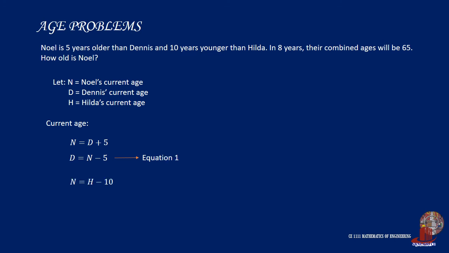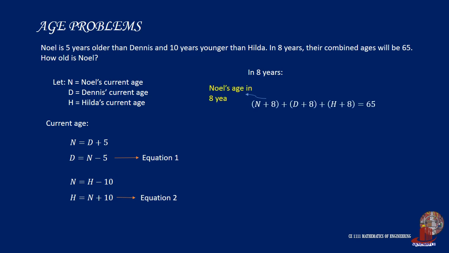Next, this statement says Noel is 10 years younger than Hilda, or N is equal to H less 10. And extracting H, we arrive at H is equal to N plus 10, which we will call our second equation. The other statement discusses 8 years from the present, stating that the summation of their ages by that time will be 65. This we will call equation 3.